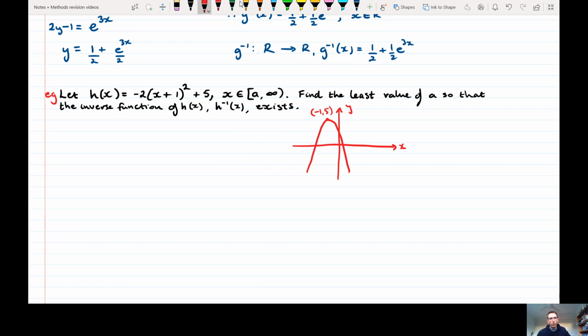Now it's telling us we want the domain up to infinity, which is this right-hand end here, all the way down, and we're going to stop somewhere. And we need to stop as soon as the graph starts becoming more than one value of x for the value for y. So as soon as it becomes not 1 to 1 or many to 1.